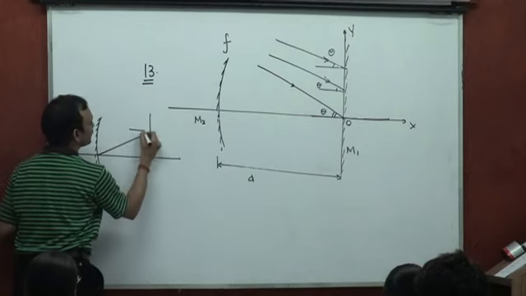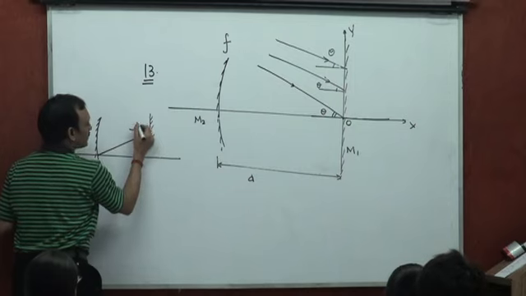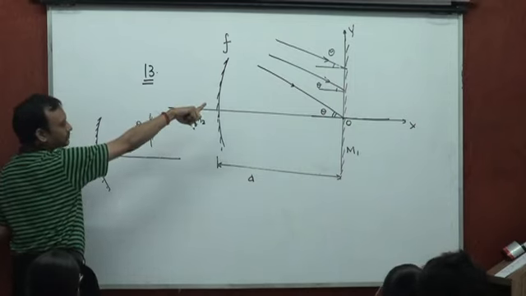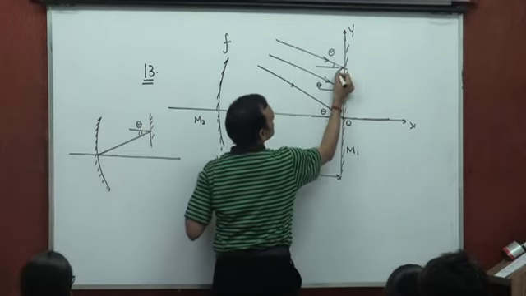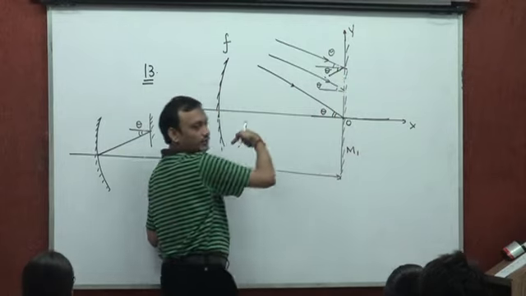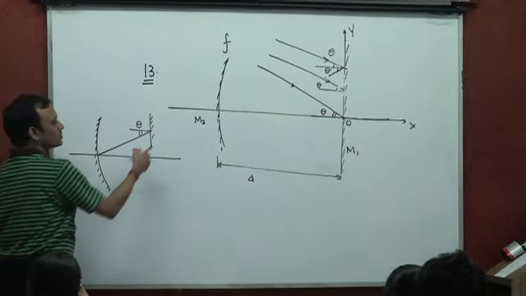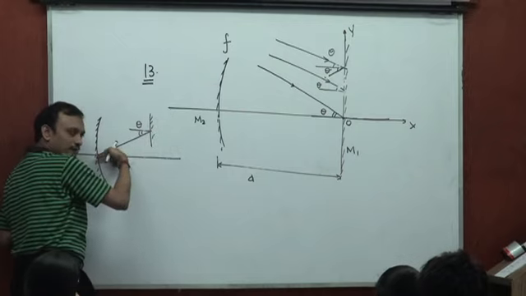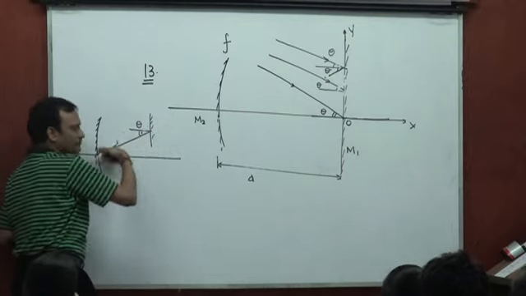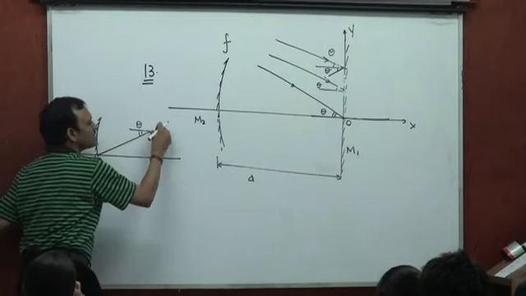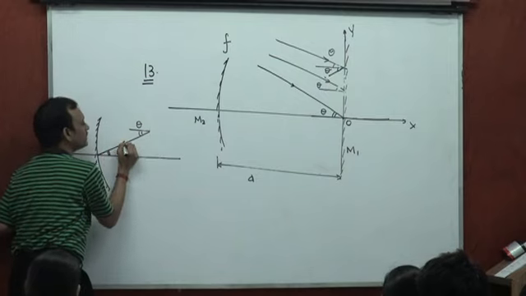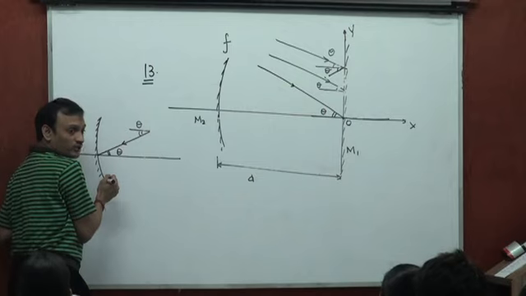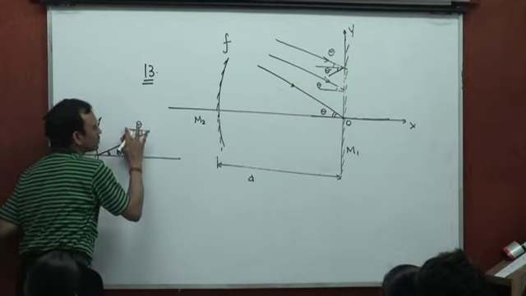This was the plane mirror. This angle was also theta for the mirror, right? Angle with the horizontal of the reflected ray. This angle will also be theta, angle with the horizontal for the reflected ray. So this was a ray reflected from the plane mirror. As far as the concave mirror is concerned, then this angle will be theta. This is one of the incident rays on the concave mirror.